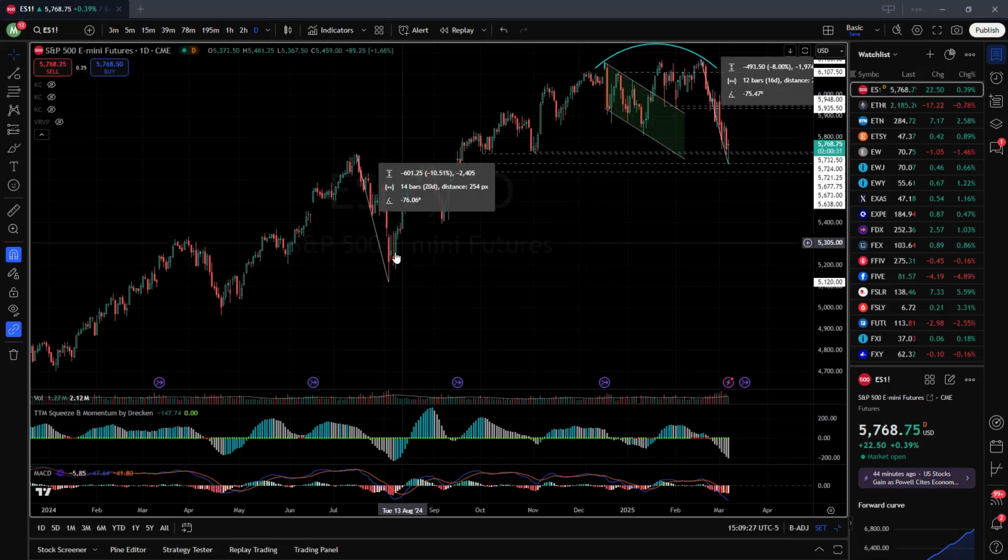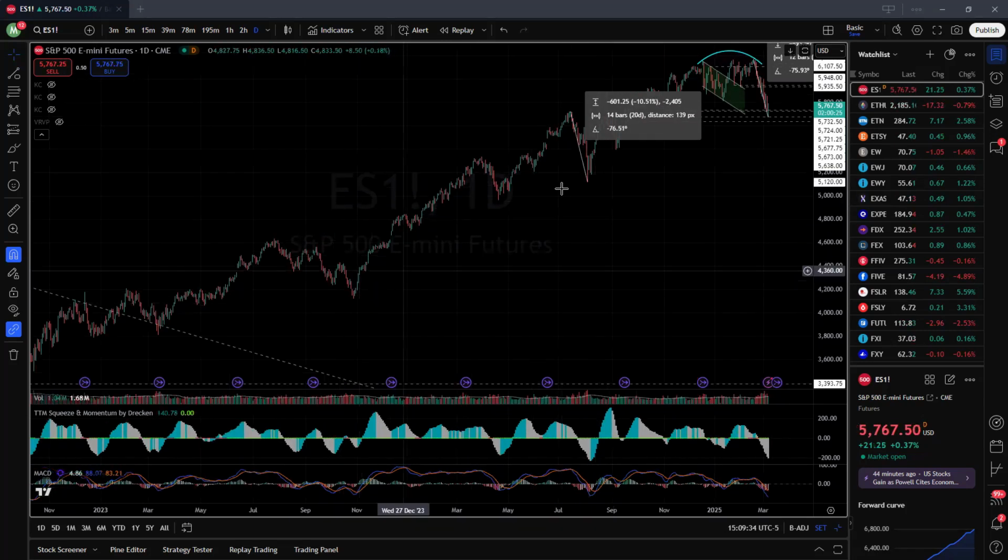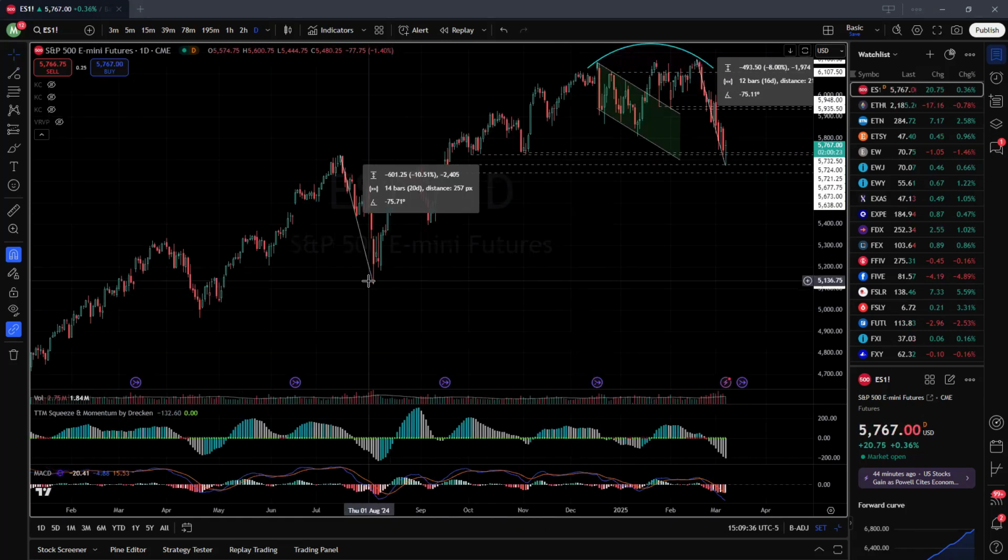Now, it looks like the trend we've been in, which goes much farther back, but the move we saw from August up until recently, we are now making a lower low against a few other lows we have made.